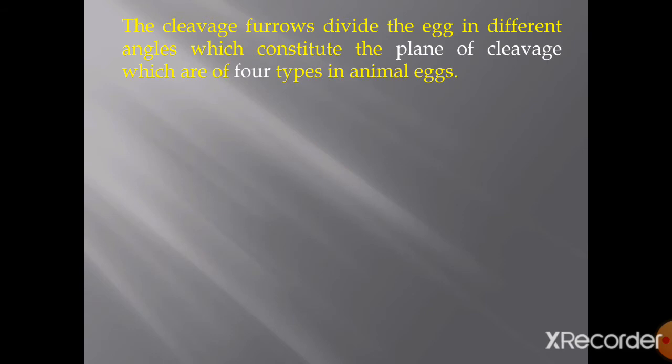The cleavage furrow divides the egg at different angles which constitute the plane of cleavage, and this plane is of four types when we study in various animal eggs.